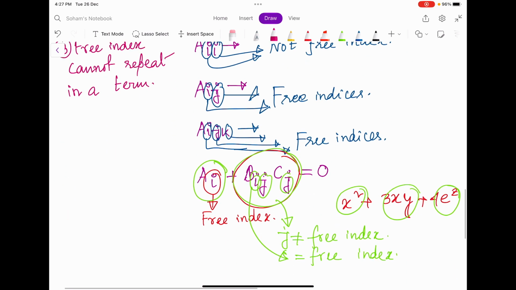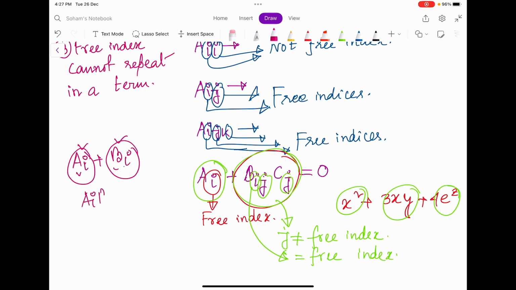So don't have this confusion that if I have ai here, then I cannot have a bi. I can have ai plus bi. So this is one term and this is another term, and in each of the terms I have the free index i. But I cannot have ai into bi and say that i is a free index.